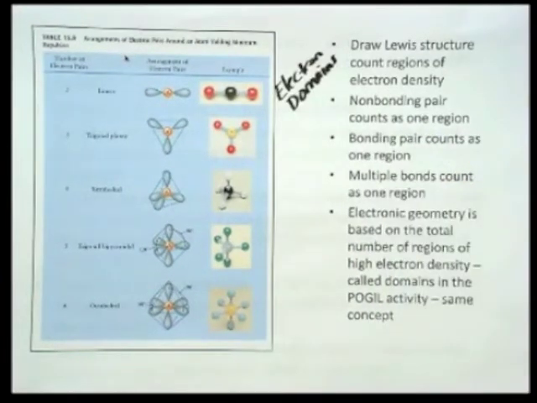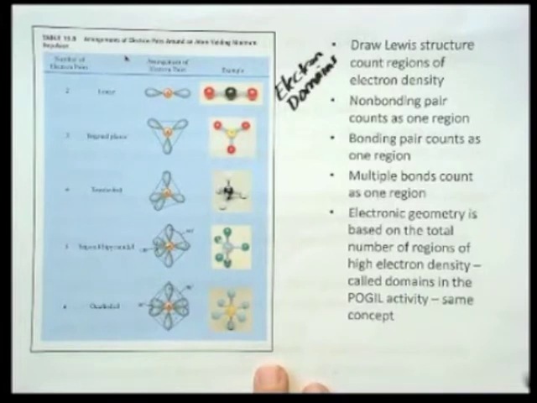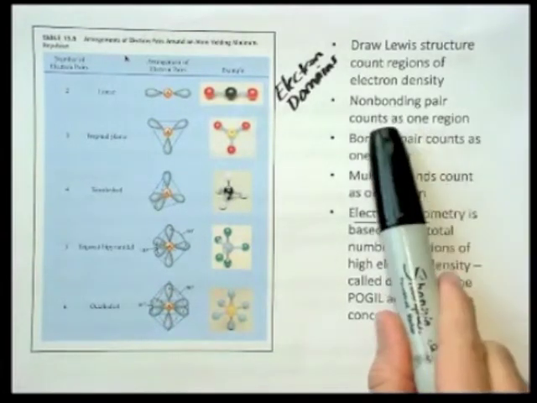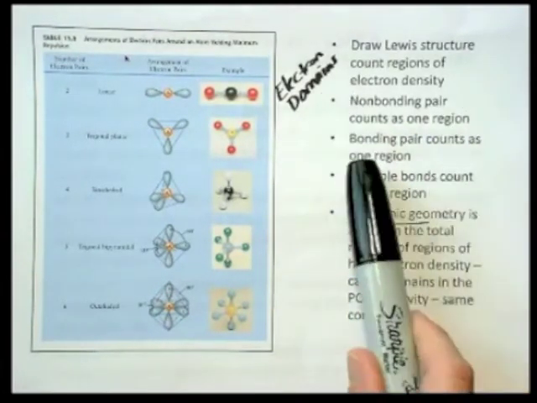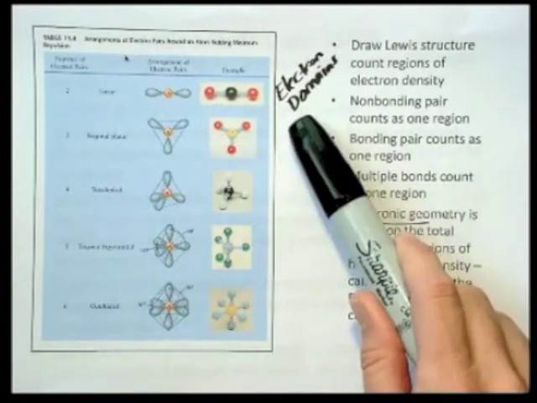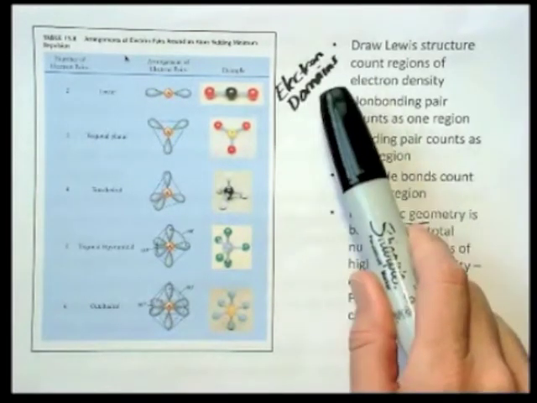Okay, so in order to figure out the electronic geometry of any given molecule, the electronic geometry is telling you where those pairs of electrons, whether they be bonding pairs or non-bonding pairs, reside on the central atom. So non-bonding pairs count as one region or one domain. Bonding pairs count as one region or one domain. Those words, regions or domains, are used interchangeably.